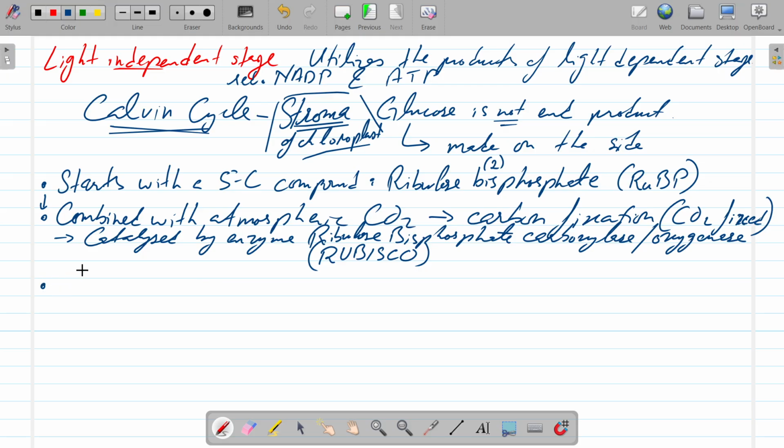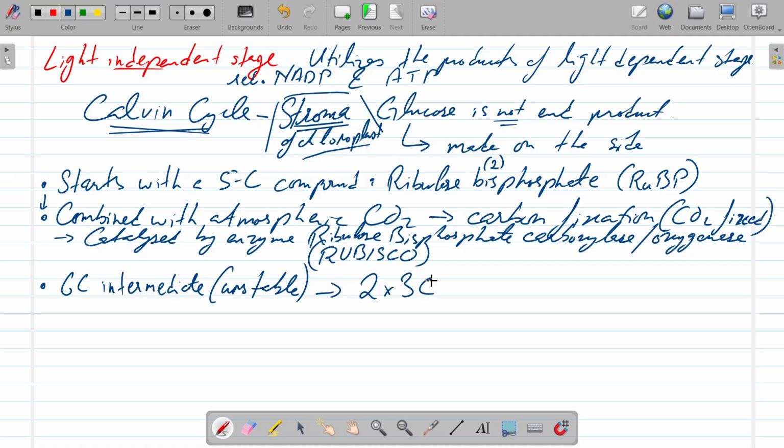Now what you get, because you're combining a 5-carbon compound with carbon dioxide, which is 1 carbon, is a 6-carbon intermediate. It's an intermediate and it is unstable. So it breaks up into 2 molecules of a 3-carbon compound, something that we are familiar with.